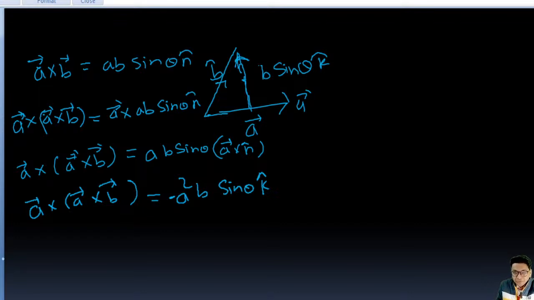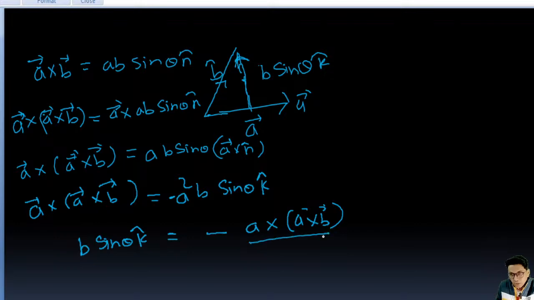Now we find the value of that perpendicular vector of A, that is B sine theta k cap. It is going to be minus A cross B cross A upon A square.